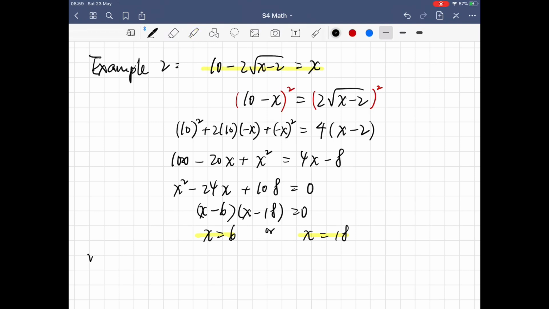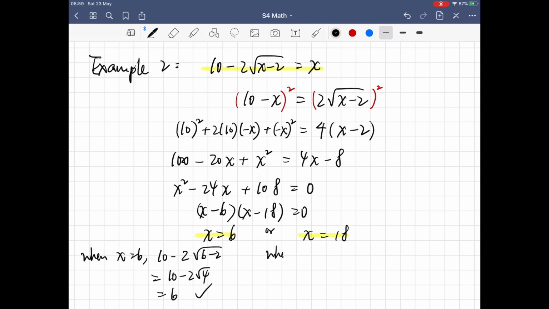First we check x equals 6. 10 minus 2 times the square root of 6 minus 2, and it will become 10 minus 2 times the square root of 4, and it equals 6, which is consistent with the right hand side. So we don't have to reject x equals 6.